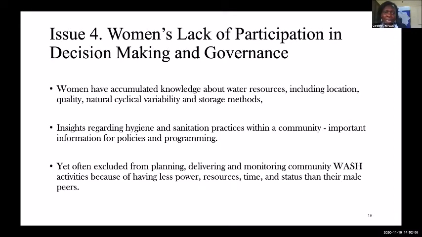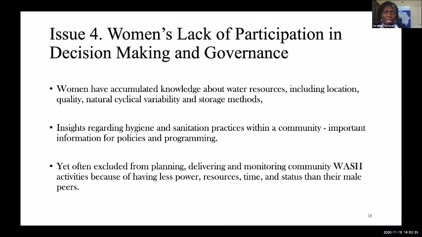Next slide, please. The fourth issue I look at now is the lack of women's participation in decision-making and governance. As we know, because women have the main access to water resources, especially in the homes, they have accumulated knowledge.